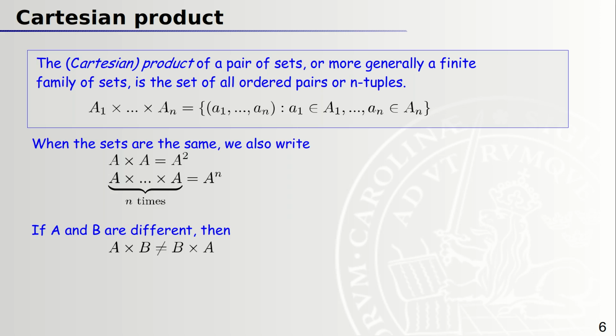A cross B is the set of all tuples where the first or left component comes from A and the second or right from B, while the pairs in B cross A have their first component come from B and their second from A. So the resulting products are different sets.